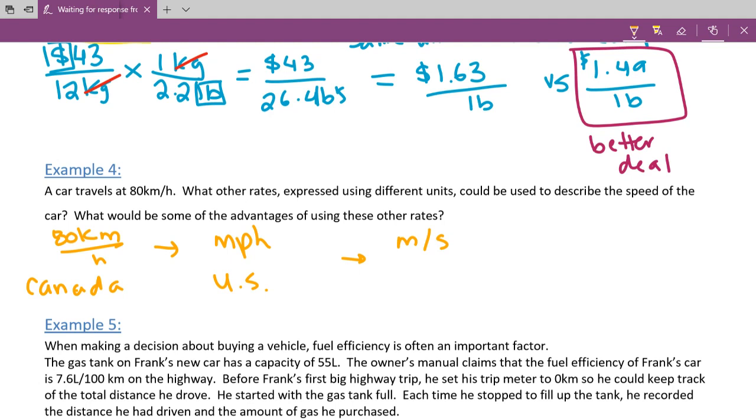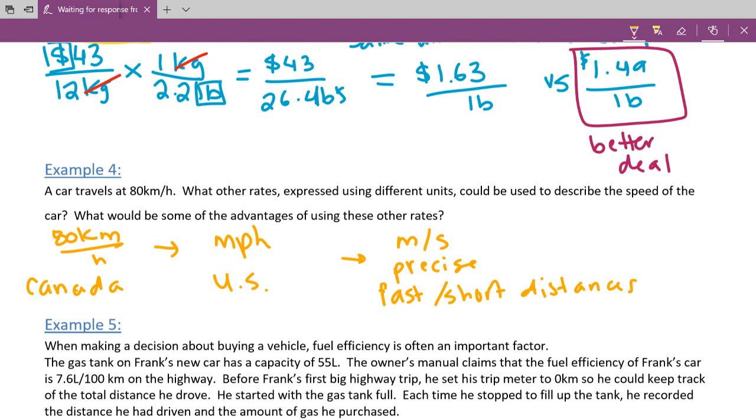And if it goes really quick, if it takes like 3 seconds, that's like the tiniest fraction of an hour. And so the smaller units we use, the more precise we can be. And so meters per second is usually used for fast or short distances.